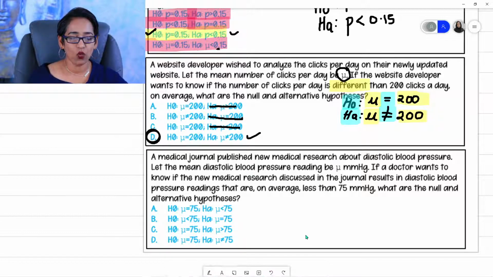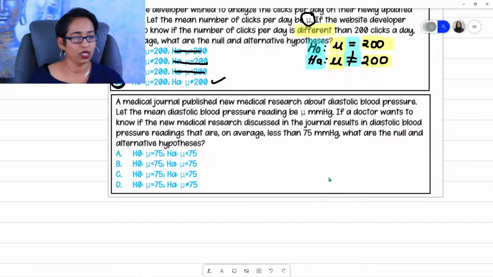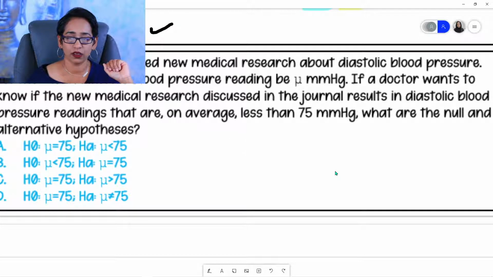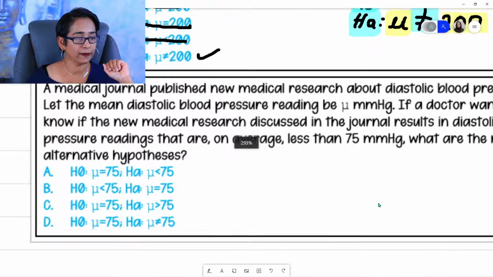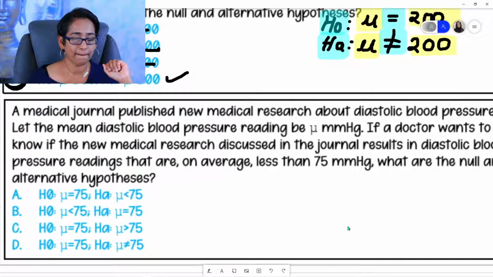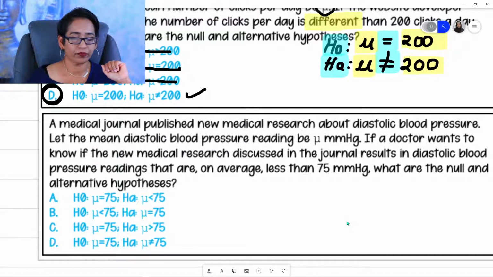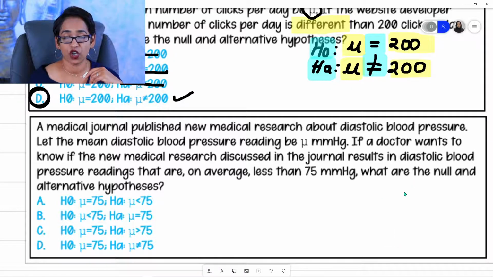All right. One more. A medical journal publishes, can you see? Yeah, a medical journal publishes, let me expand this one. That's perfect. A medical journal published new medical research about diastolic blood pressure.